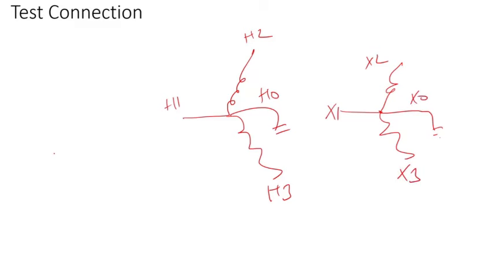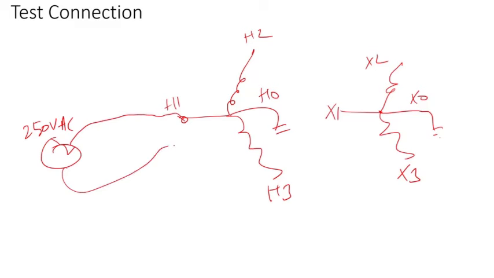So basically you would apply high voltage AC, let's say 250 volt AC, but again, you don't want to apply 250 if the winding is not rated for that, because if it's a very small transformer, you want to be careful not to exceed the withstand of the winding. So always you want to be careful about that. So then what you do, you apply voltage here, single phase in this case.